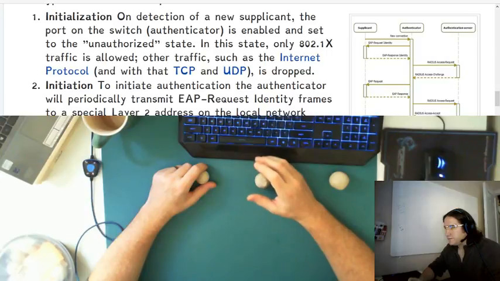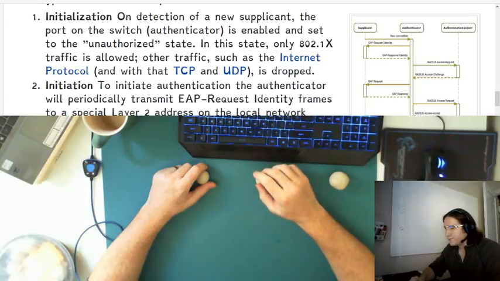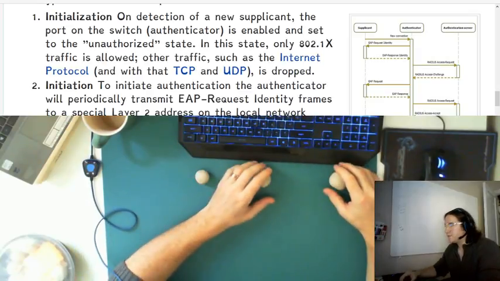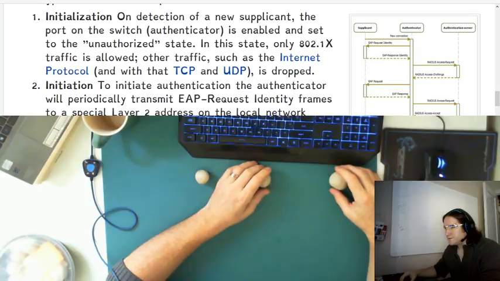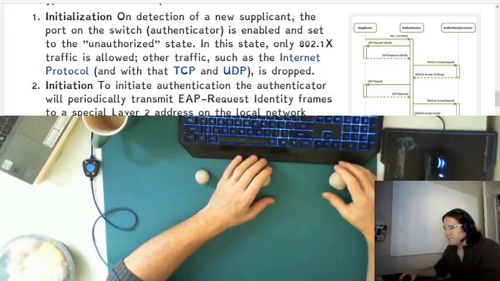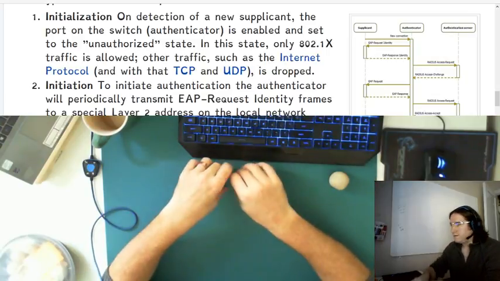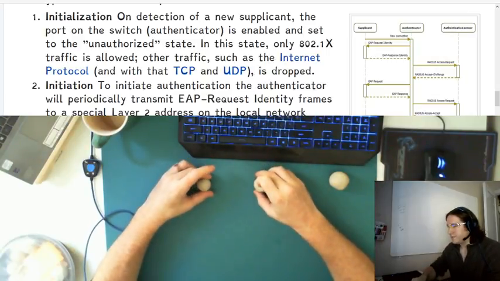Initiation: to initiate authentication, the authenticator will periodically transmit EAP request identity frames to a special layer 2 address on the local network segment.